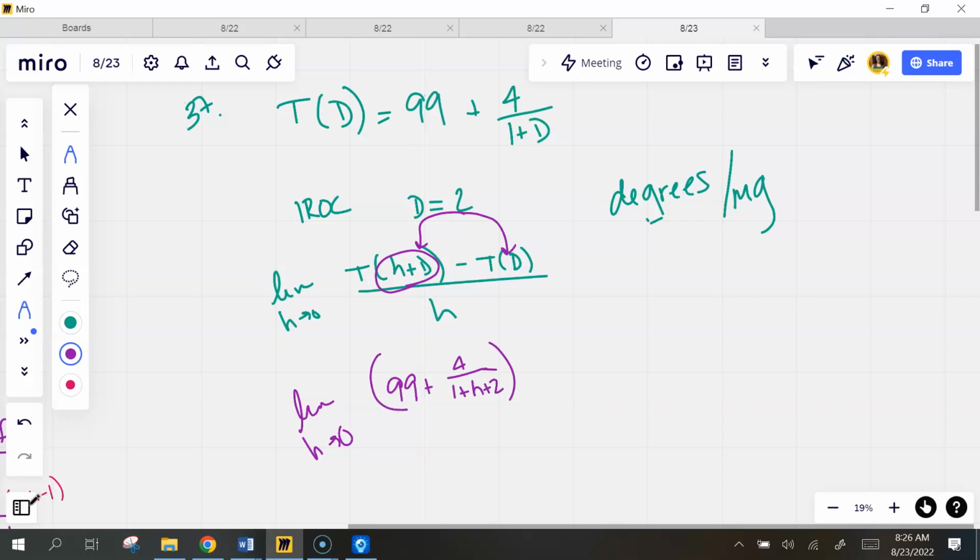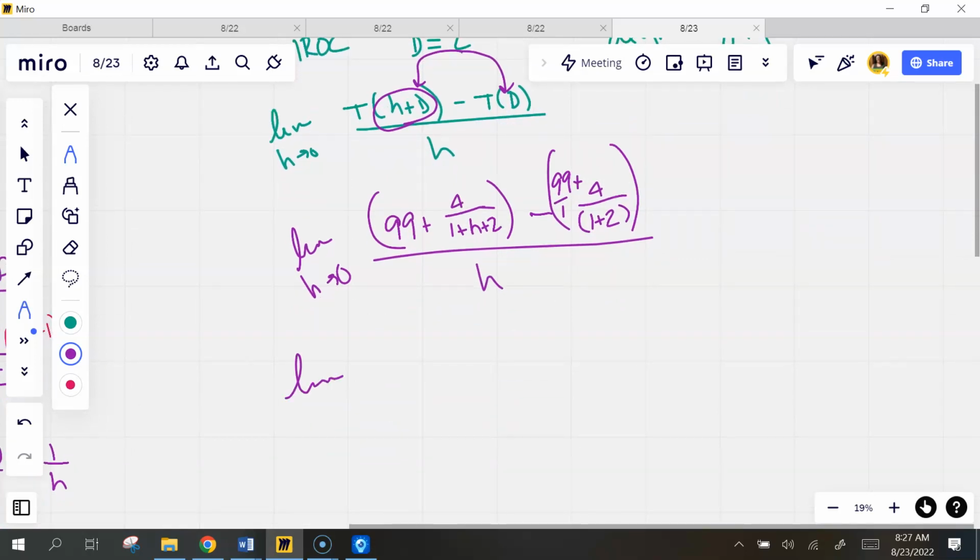That's T of h plus 2. Do y'all see that? Minus, now T of 2, 4/1 plus 2. And everybody goes over h. Oh, I forgot the 99. Sorry.